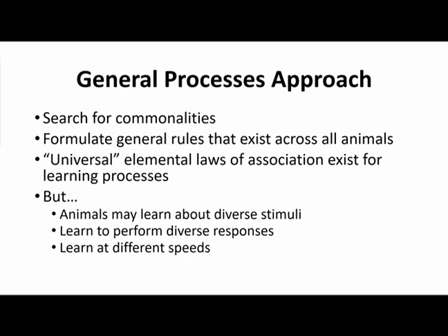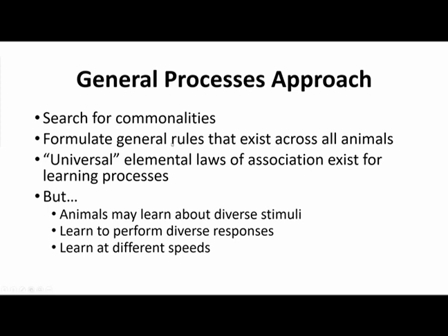So we're going to opt to assume that learning phenomena are products of elemental processes that operate pretty much in the same way across a bunch of different learning situations. So we're going to make some assumptions that learning in pigeons might be similar to learning in rats, which is similar to learning in horses. So there might be some universal element that is consistent between all of those.